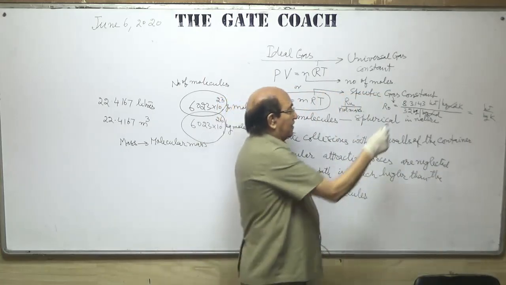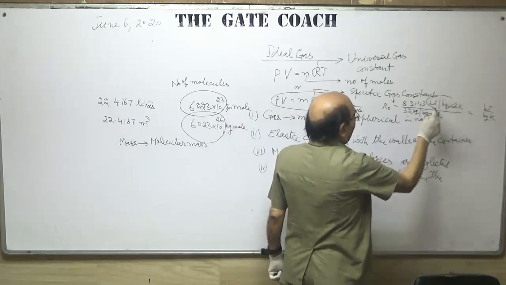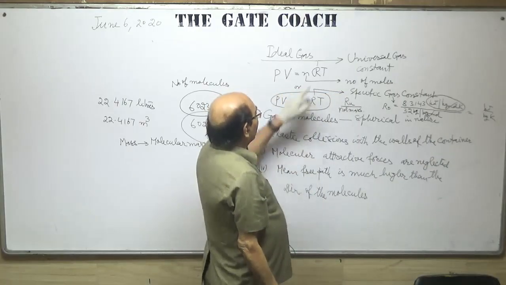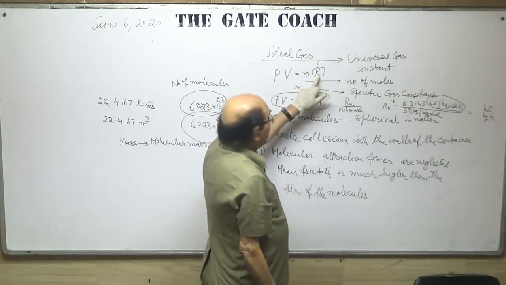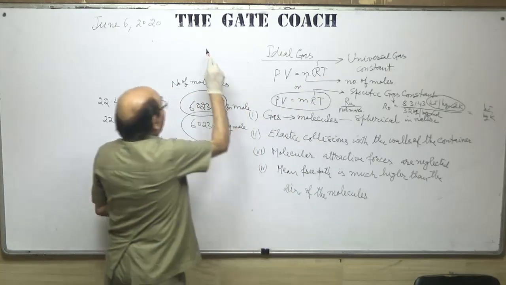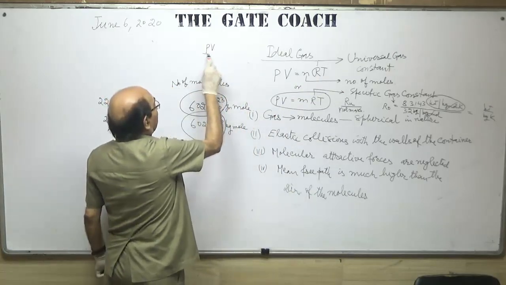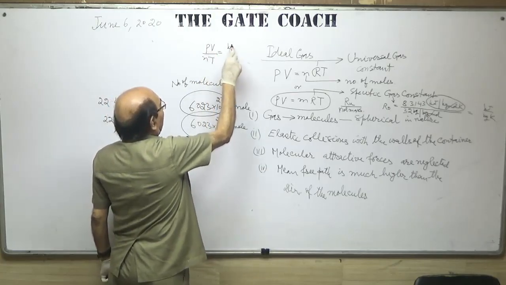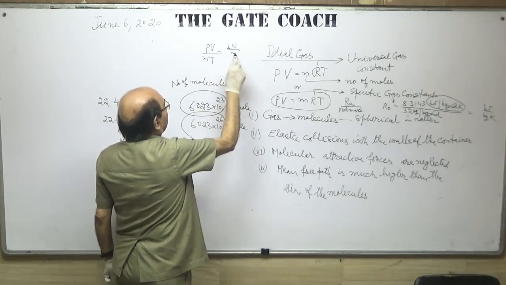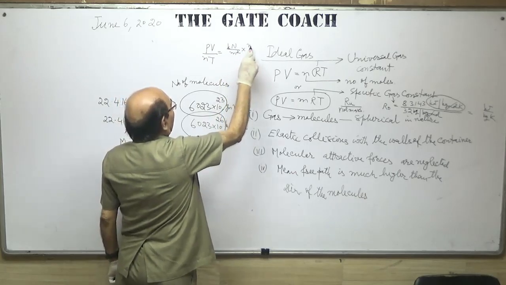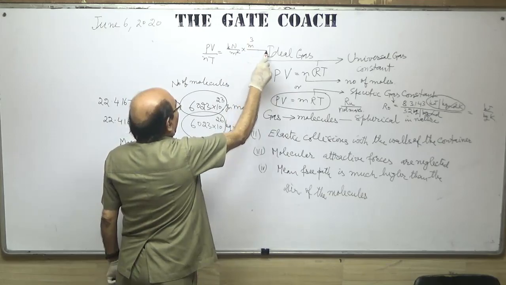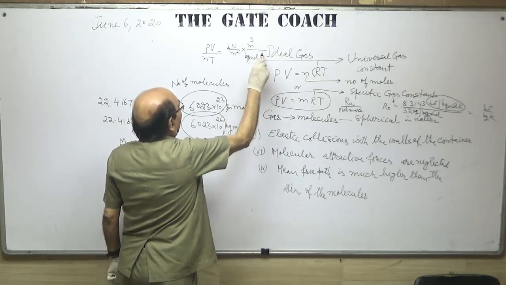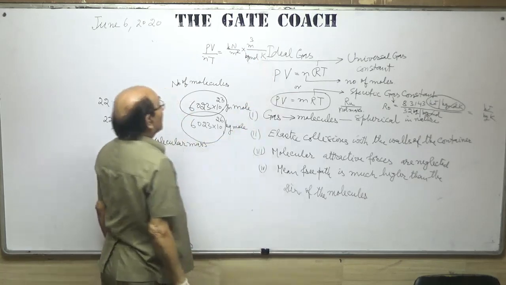Now let us see, have we written this value properly? I wanted the unit for this universal gas constant, which is PV upon nT. Pressure in kilonewton per meter square, volume in cubic meter, number of kg moles, temperature in Kelvin.